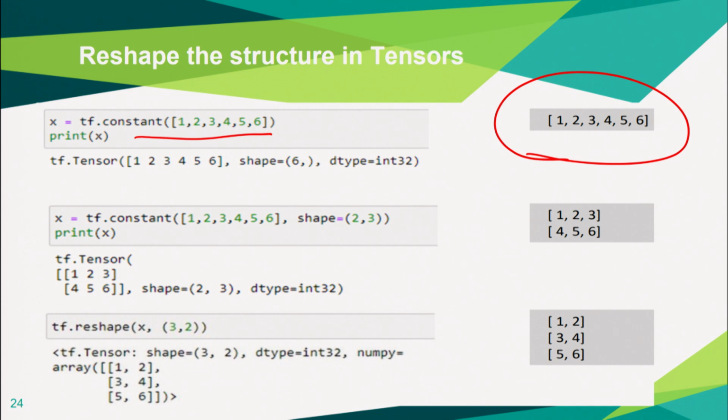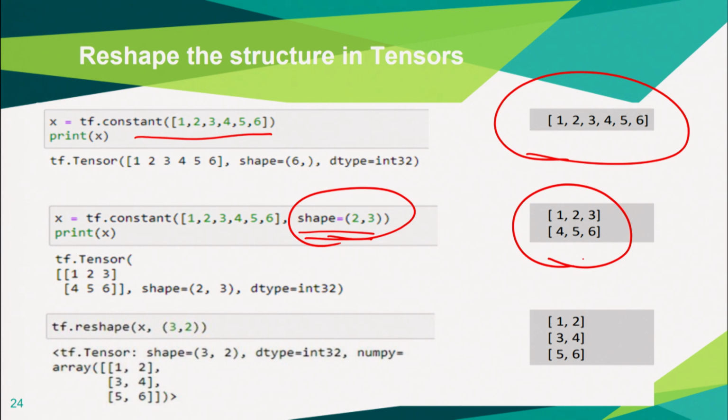Now when you want to reshape this into a 2 by 3 format, how can it be done? After mentioning the constant, in the same function you have to mention the shape 2 comma 3, then your tensor will be converted into a 2 by 3 matrix, taking 1, 2, 3 as the first row and 4, 5, 6 as the second row.